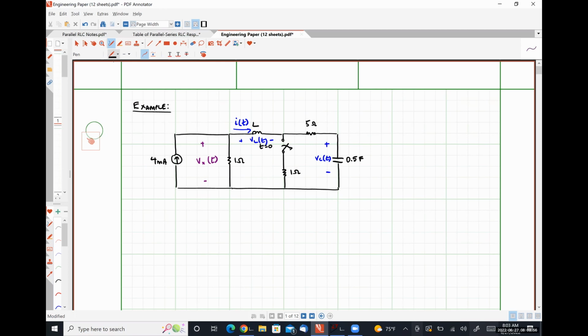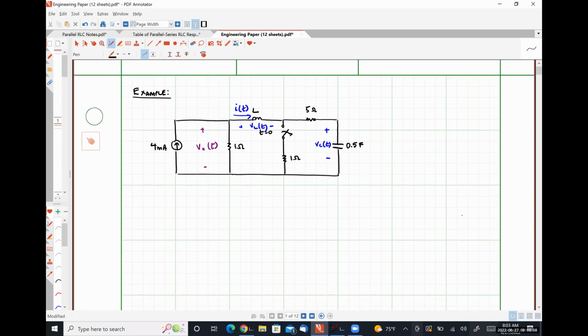So our first step, as always, is to look at the circuit during the transient condition as a dead network, to calculate alpha and omega naught and determine whether the system is critically damped, overdamped, or underdamped. Our dead network representation of our circuit is going to have our current source open circuited.